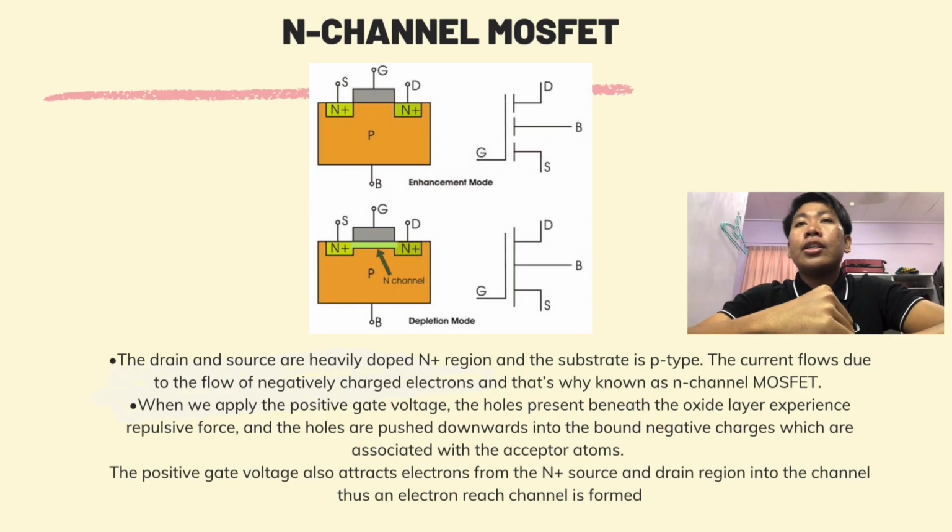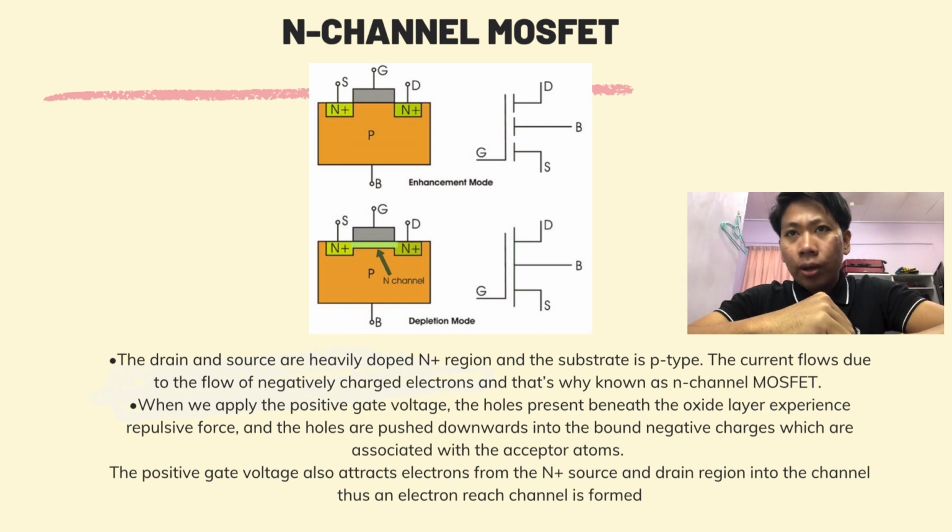And lastly is the N-channel MOSFET. In the N-channel MOSFET, the drain and source are heavily doped N-plus regions and the substrate is P-type. The current flows due to the flow of negatively charged electrons, and that's why it is known as an N-channel MOSFET.